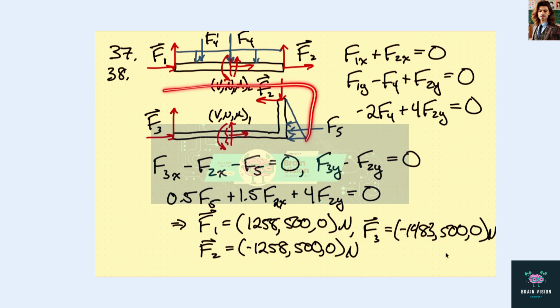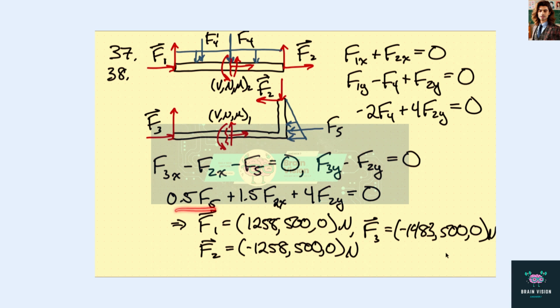And for this part of the structure, we have F3x minus F2x minus F5, where again this is the equivalent point load for this distribution. And in the y direction, we have F3y minus F2y is 0.